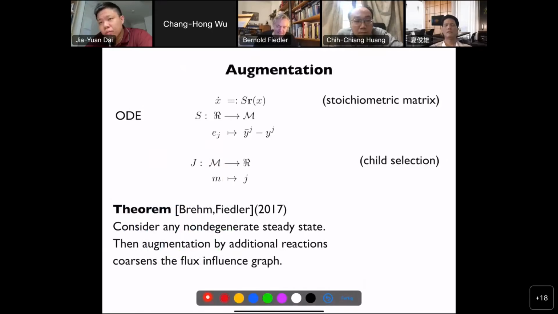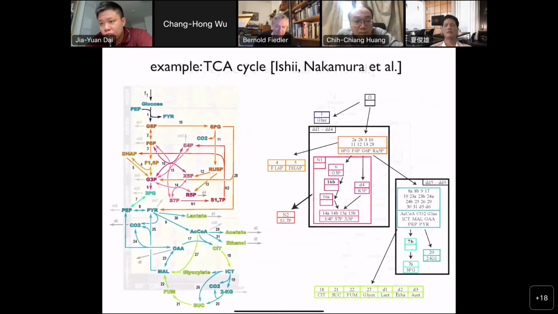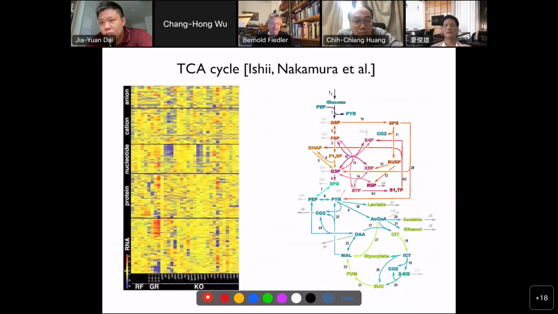I have something on what happens when you augment networks, but I will skip this for reasons of time. This is what actual experiments look like. Here they have a table of certain enzymes they changed, and then they tell us which proteins go up and which go down and are expressed more and less and so on, the measurements in the network. Okay. And blue means something goes down and red means something goes up.